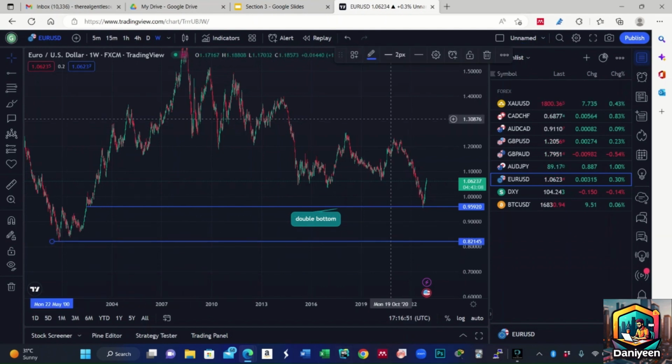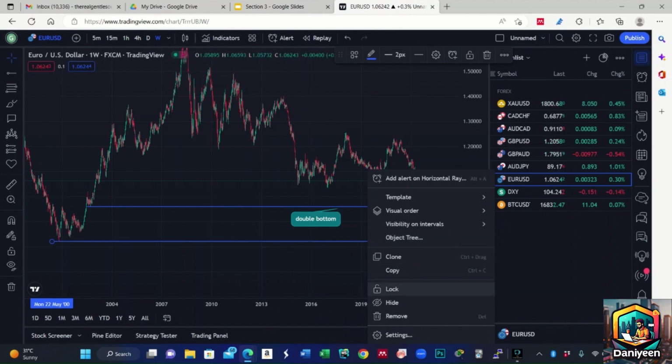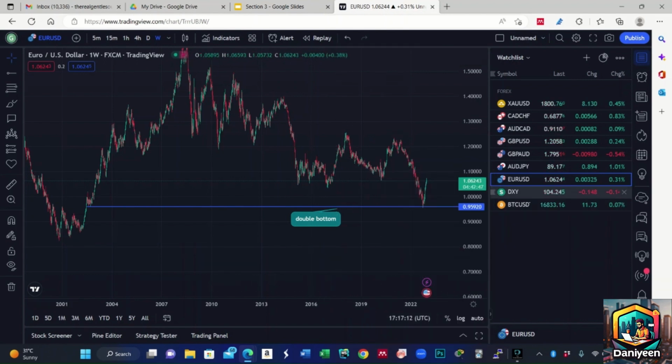So let's say price comes and then taps into this lower bottom, it can also buy. But for now, price has tapped into this other bottom and it has started buying. So there are things you can look at in this area for you to catch this movement to the upside. I'm going to be teaching you when we are talking about technical analysis. Let us move to the next one.